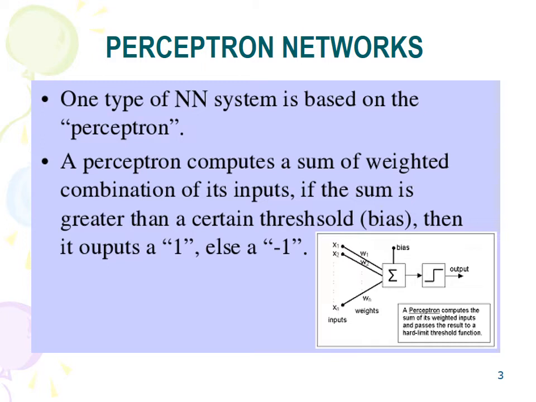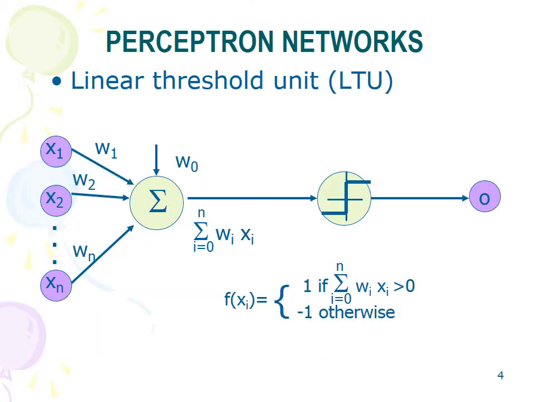So the perceptron network computes the sum of the weighted combination of inputs. If the sum is greater than the threshold value, then its output will be 1. This is the unit and network, the linear threshold unit. Here the threshold unit is based upon the bias value and the combination of values.